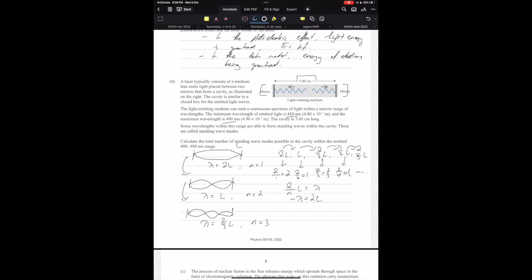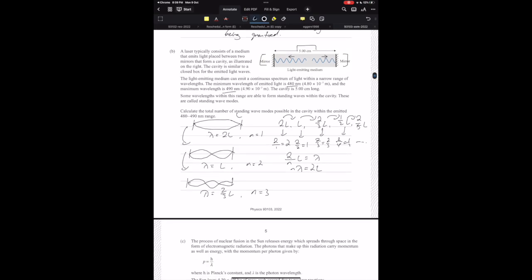So it's quite straightforward. If we look at the maximum case, so if lambda is equal to 490 nanometers, then n is equal to 2L over lambda, which is equal to 2 times 0.05 meters divided by 490 times 10 to the negative 9.